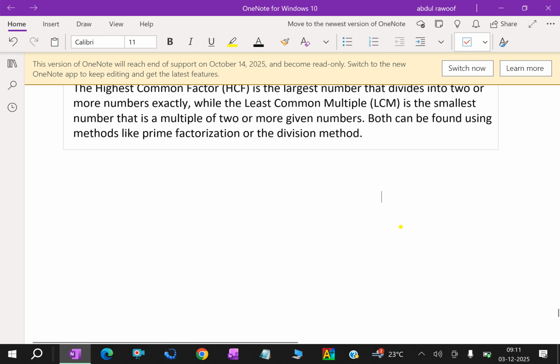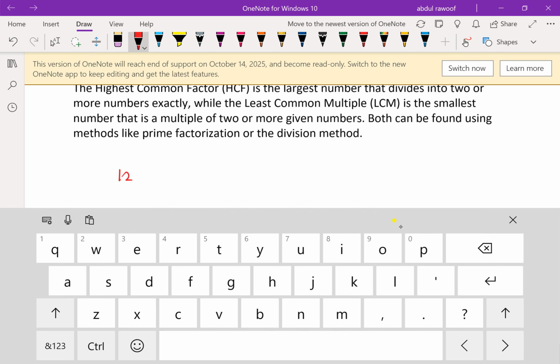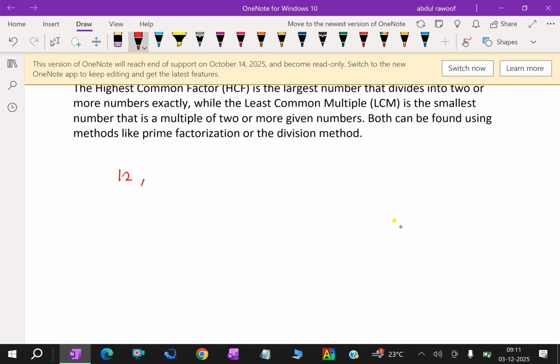Look at this first. Take some numbers, 12 and 18. You are finding both LCM and HCF for this. First, divide by the common factor of these two, that is 2. 2 sixes are 12 and 2 nines are 18.